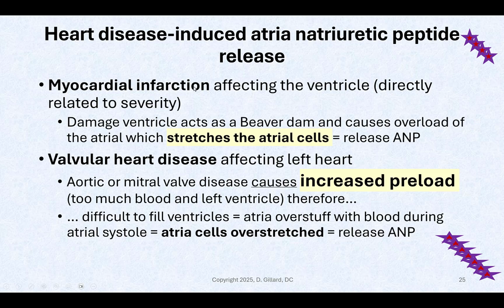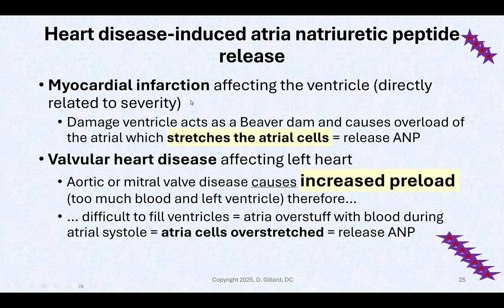So myocardial infarction affecting either ventricle, right or left, because both atria have cells that produce natriuretic peptide. If you injure the ventricles, they can't pump all the blood out of the heart. So you have too much blood left over.